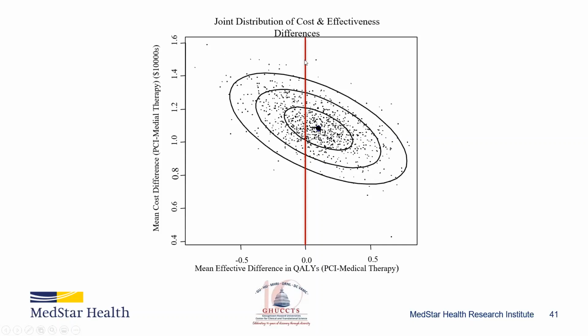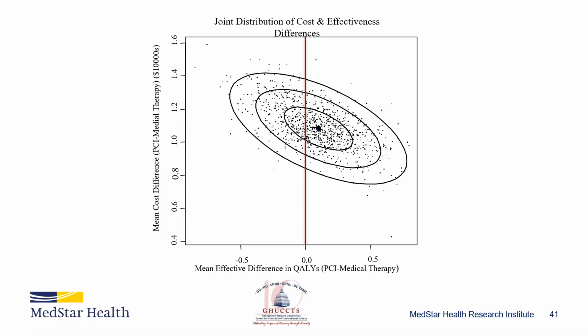And then typically what you do is you have the horizontal and vertical axes at 0. We don't have 0 on the cost here because none of them are negative cost. The treatment group in this case always costs more. But you can see that there's really not much difference, no real advantage here of the treatment group in terms of cost effectiveness.